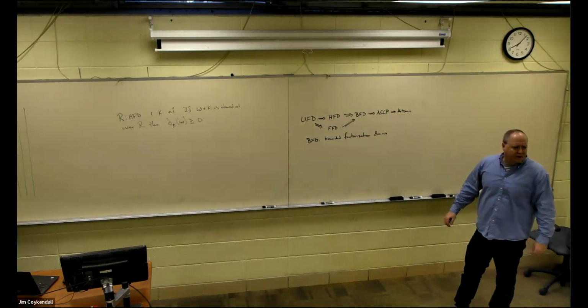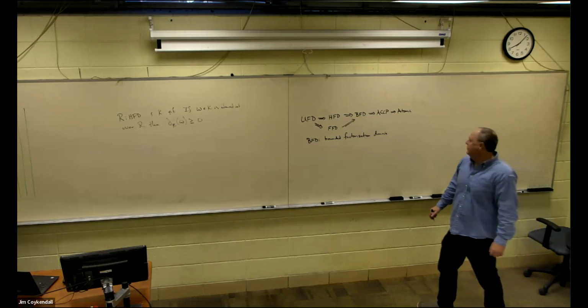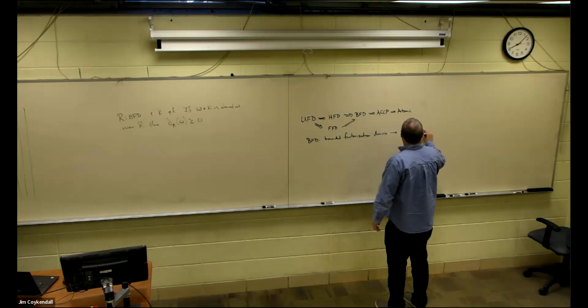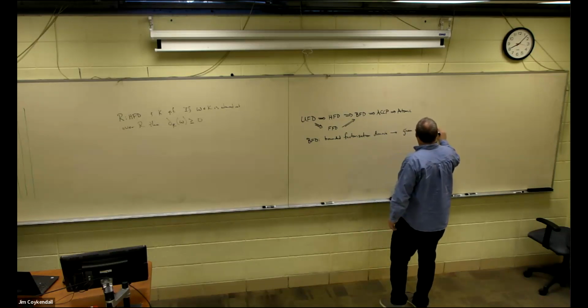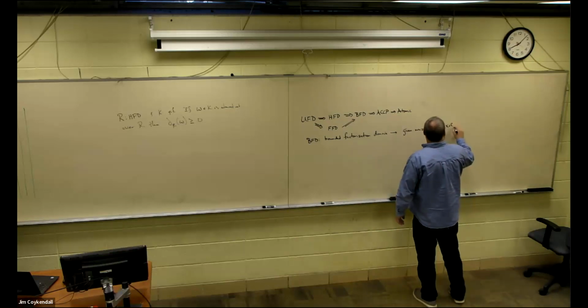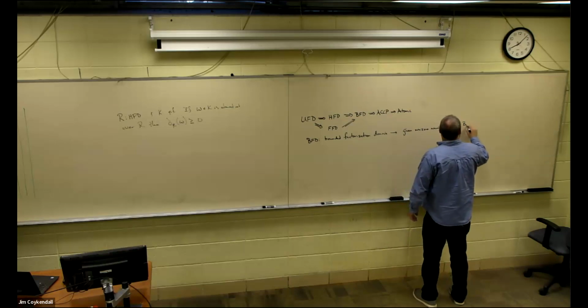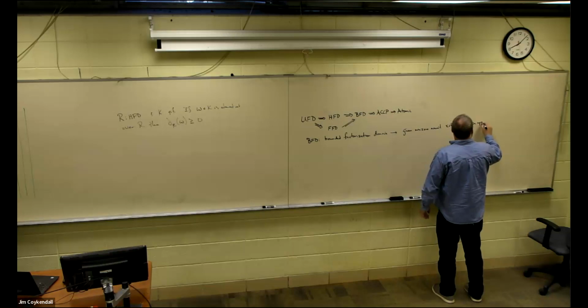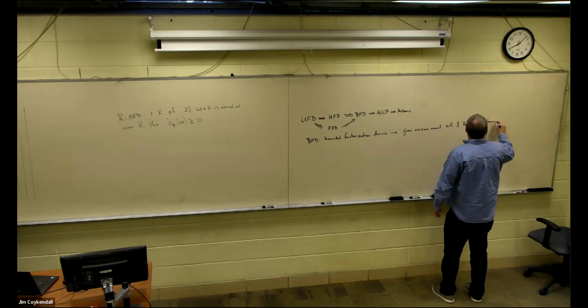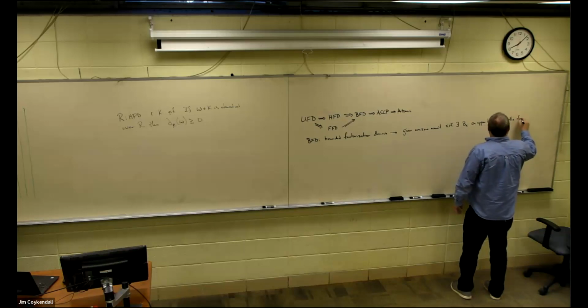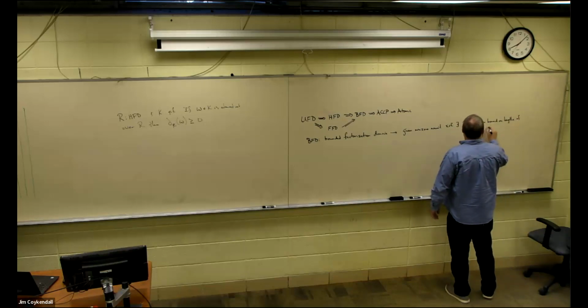BFD is bounded factorization domain. Now, what does that mean? That means that given a non-zero non-unit x in R, there exists B_x, an upper bound on the lengths of irreducible factorizations.